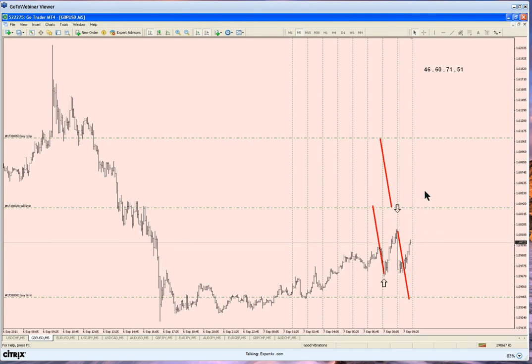So that's just a little refinement that sometimes is applied, where we don't go for the full retracement, we go for the retracement from the turning point, not from the entry point. But that's a refinement. Okay.